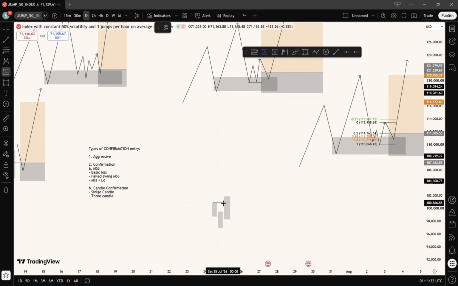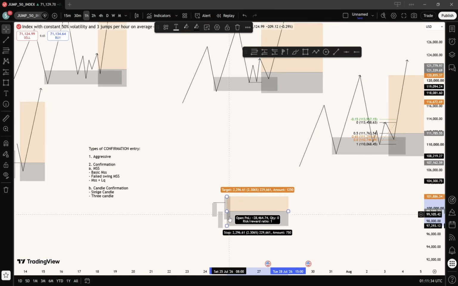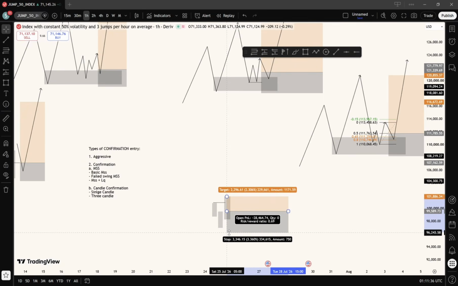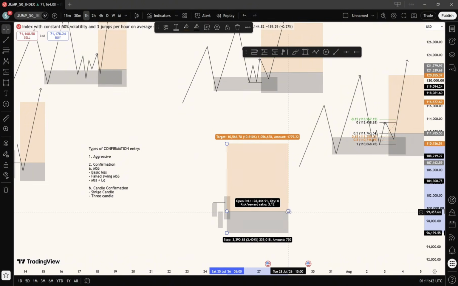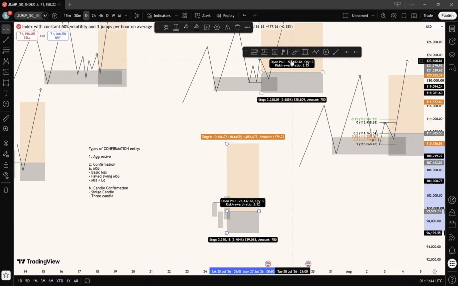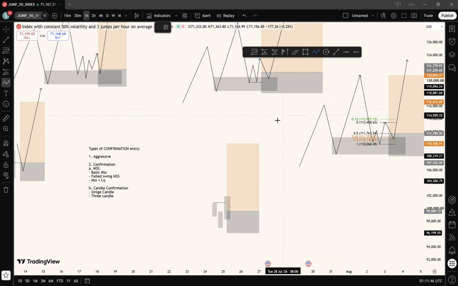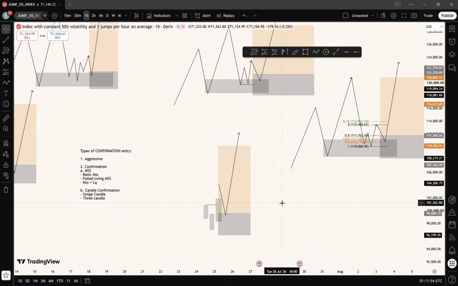I put my entry here or on this middle candle, then SL here or on my actual SL, then target the nearest swing high, you get me. And I like targeting 1 to 3 and 1 to 4. Then price will come back down or stop here, any of them, then boom. So that is pretty much about these types of confirmation.